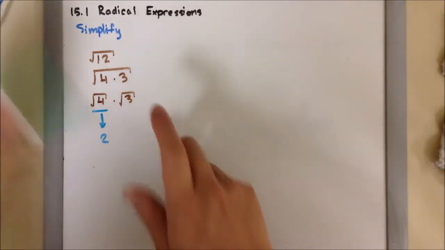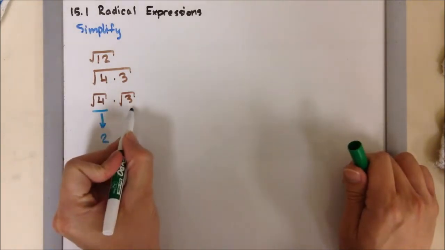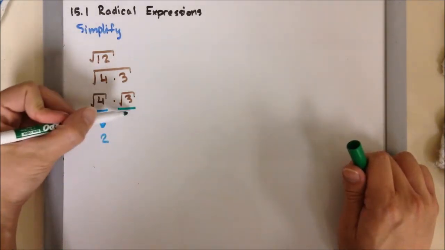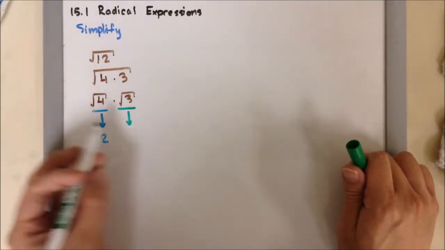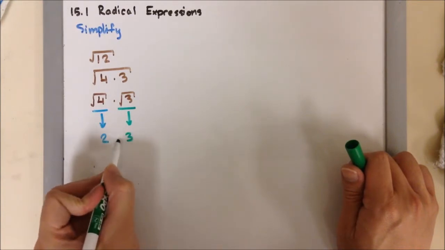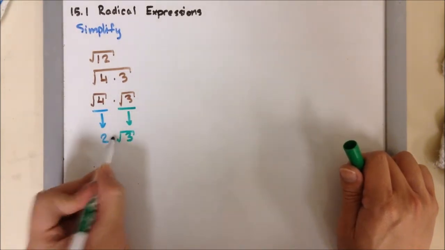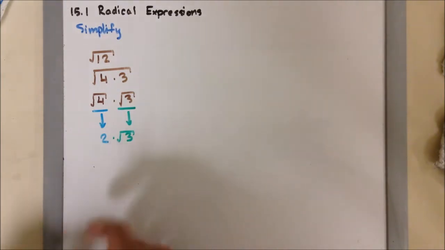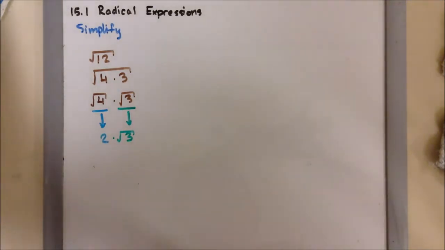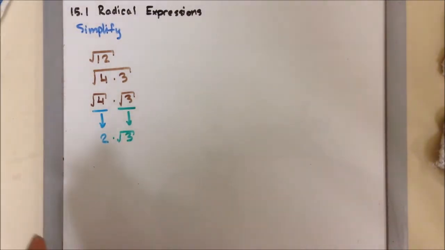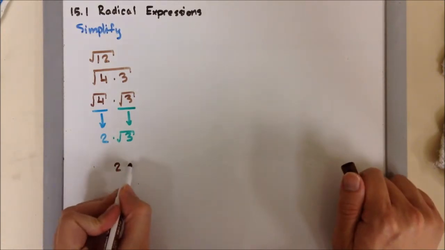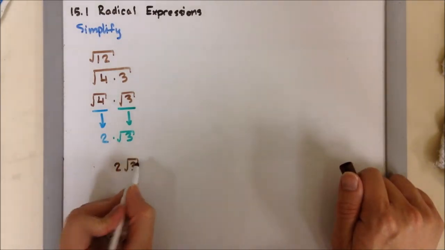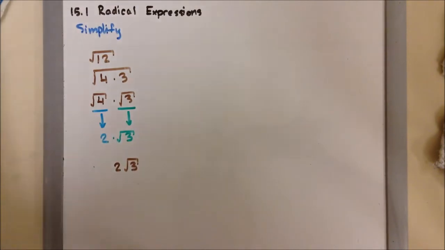The square root of 3 has no perfect square number, so it's going to stay as square root of 3. And again, it's multiplying. So since it's 2 times the square root of 3, our final answer will just be 2 square root of 3. That will be your final answer.